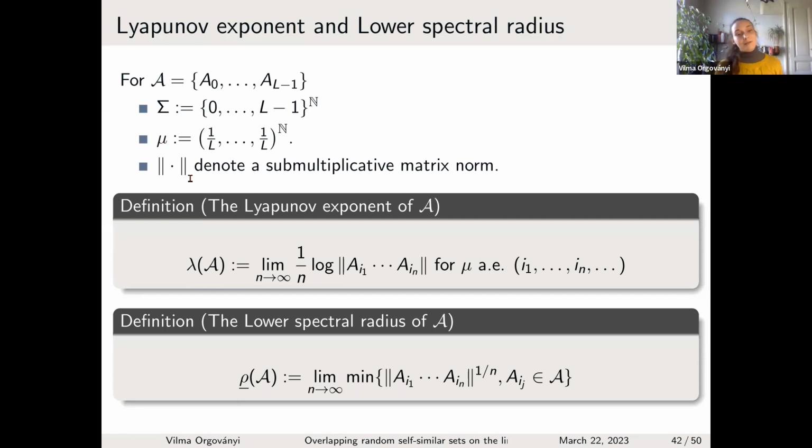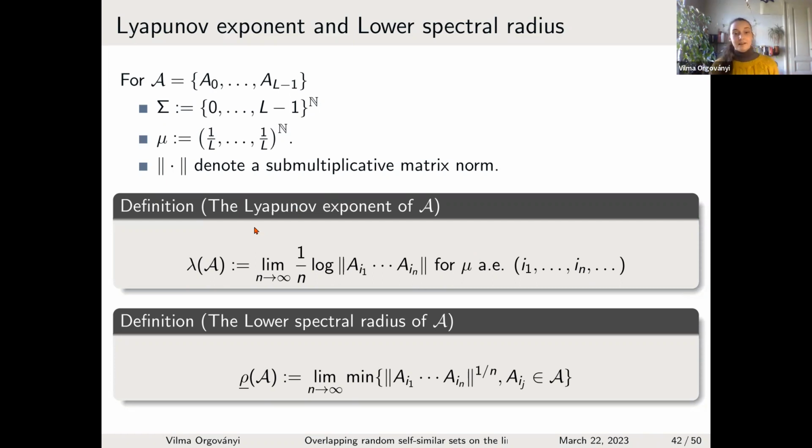And by this norm, we denote a submultiplicative matrix norm. And for the Lyapunov exponent, we consider 1/n times the logarithm of the norm of an n-long product. And if we take the limit, then this will be the same for mu-almost every element of sigma. And this common value will be called the Lyapunov exponent.